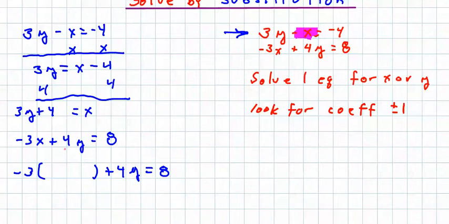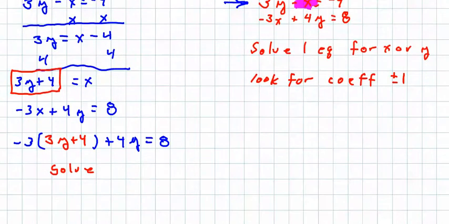Then I make my substitution: x is equal to 3y plus 4, and I solve. I'm not going to finish the problem out, but it's exactly what we did yesterday. There's no sense in wasting our time solving this one.